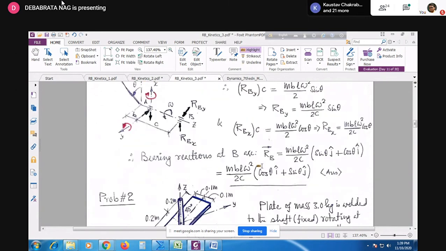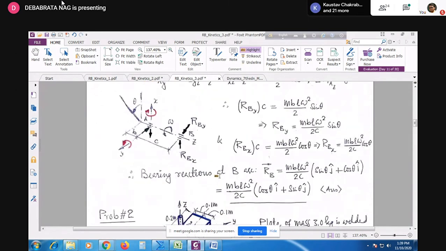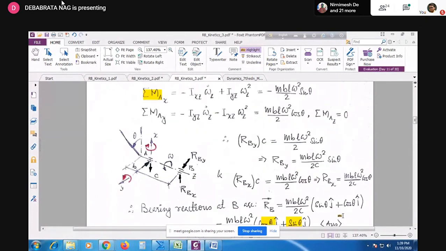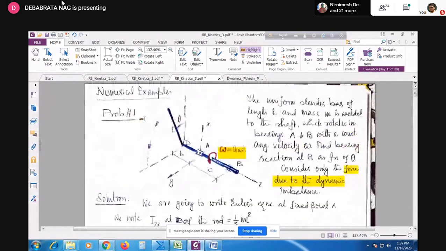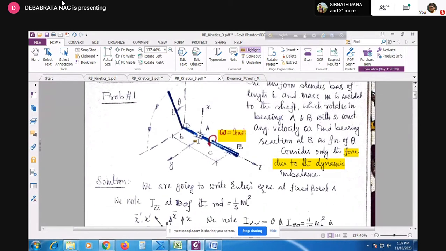And finally, if you write, this will be your bearing reactions. You see, these bearing reactions are involving the cos theta term and sin theta term. So it means this system is highly dynamically unbalanced system. সুতরাং এই dynamic unbalanced system these will be the bearing reactions that will be generated.